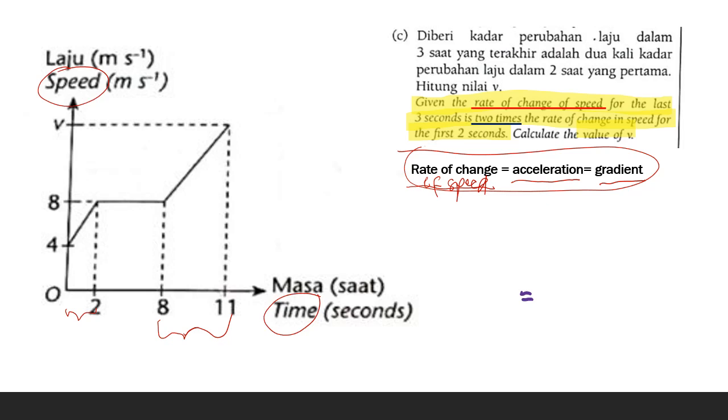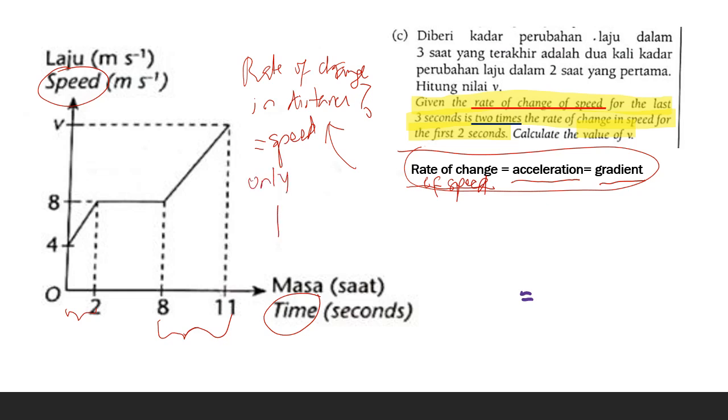Just for your revision, rate of change in distance is what? Okay, this is equal to speed, only for distance time graph. But for speed time graph, the rate of change of speed is called acceleration. Okay, hope you get it.